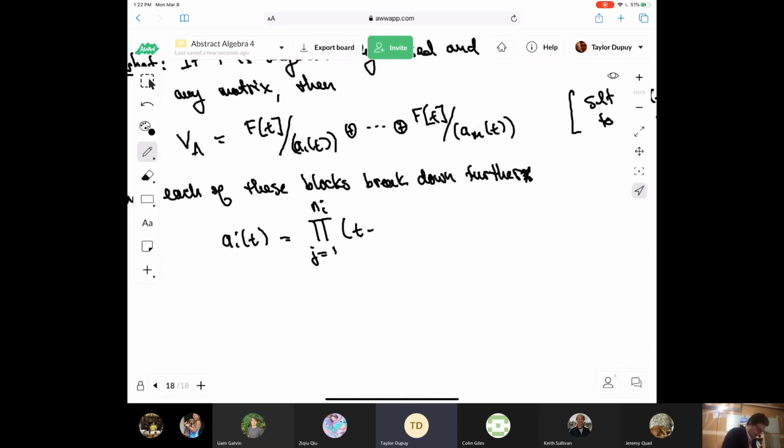Then we need some name for the roots. I don't know, what could be the root? r_ij? c_ij? Okay, c_ij.